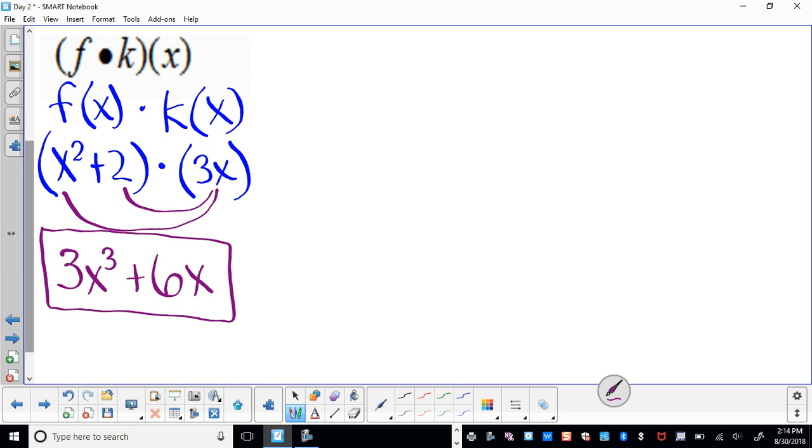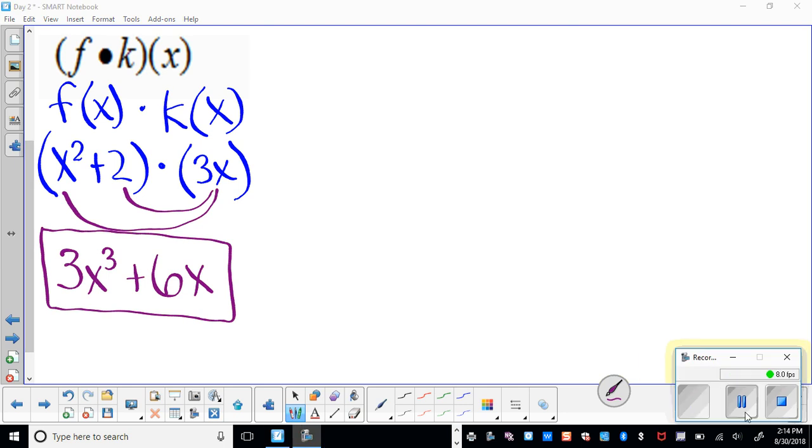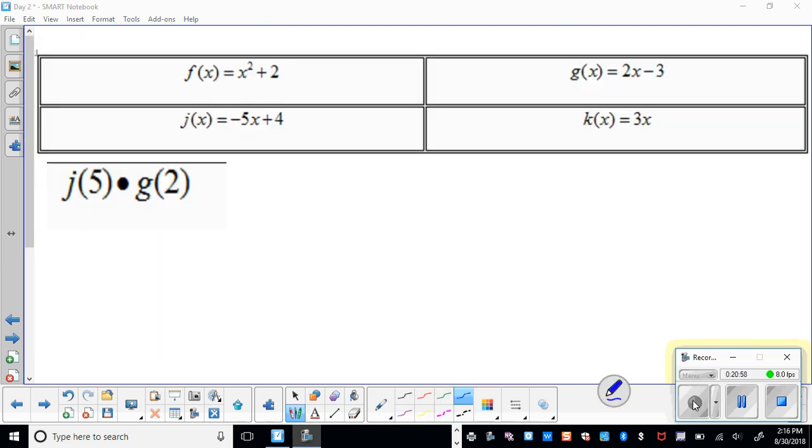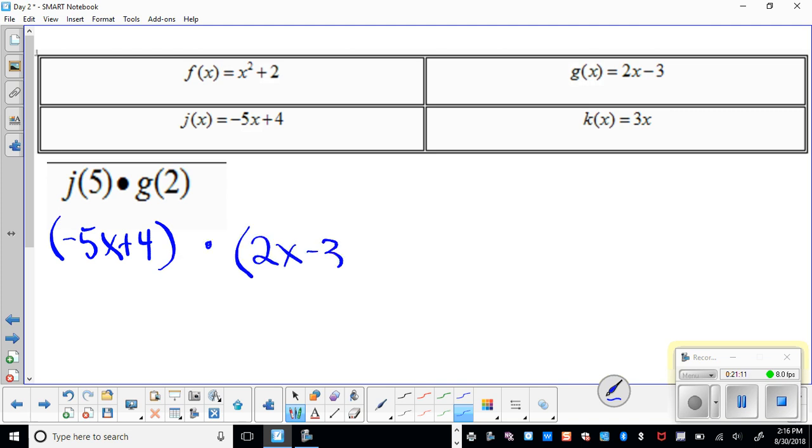I want you guys to try number 11. Once you get all numbers, plug it into your calculator. This is what we did. My j function was negative 5x plus 4 times my g function, which is 2x minus 3.